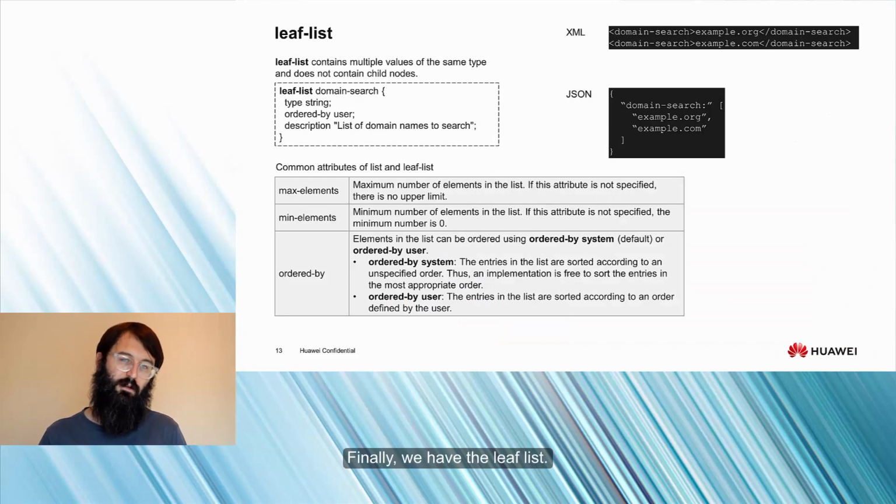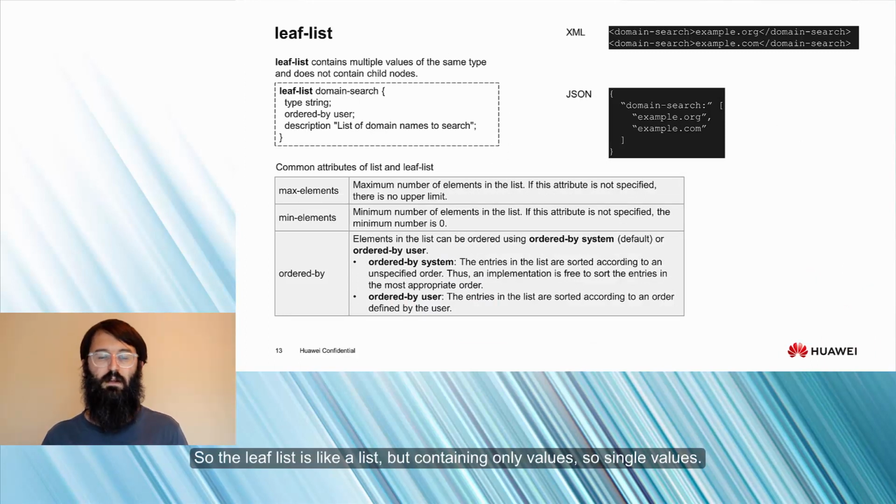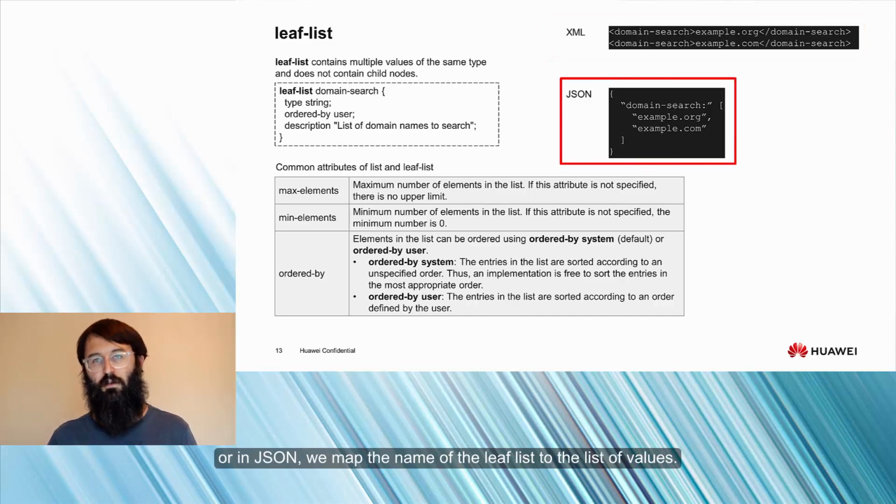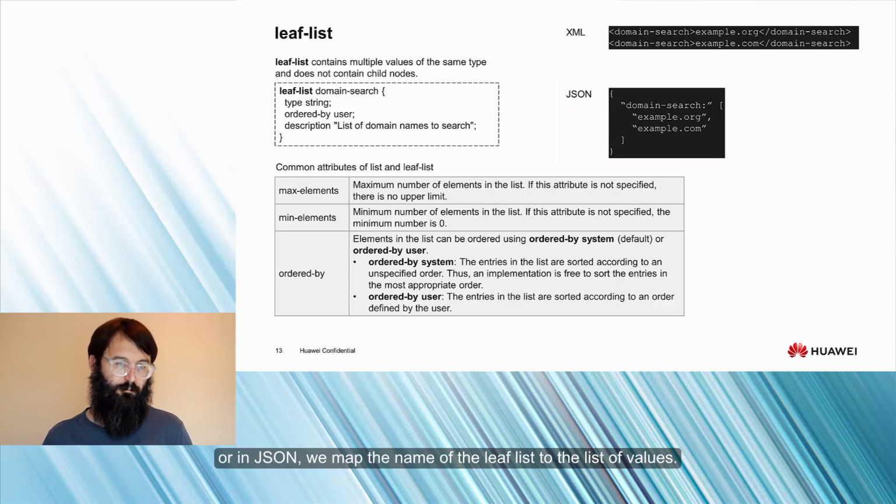Finally, we have the leaf-list. The leaf-list is like a list but containing only single values. For that we can simply repeat the name of the list with the value directly inside in XML, or in JSON we map the name of the leaf-list to a list of values.